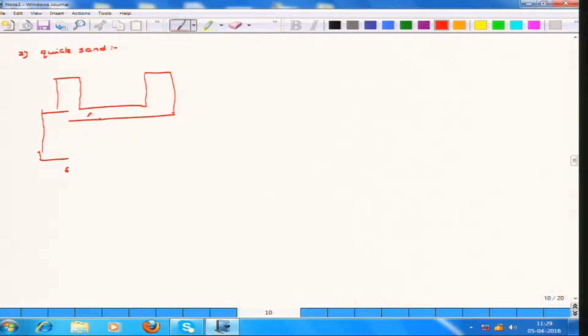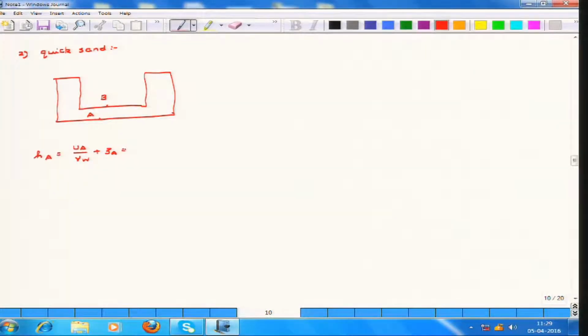Let us consider the head at this point is A, and at this point it is B. What is the head at point A? As I have said, that is the piezometric head, just as in the previous question. It is just the sum of the pressure head and the datum head, nothing else. So the pressure head is UA by gamma W plus ZA.